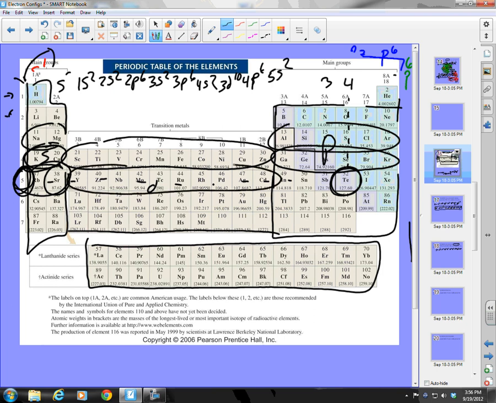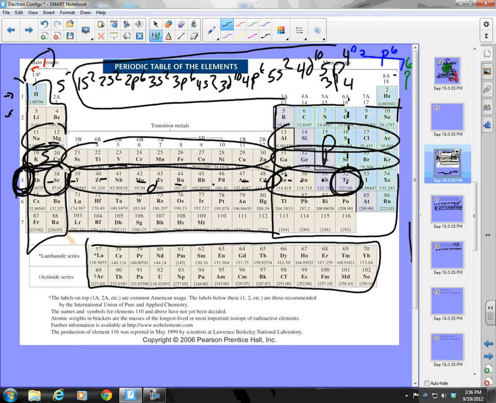And then, where do I go here? Oh, I'm in the D block again. So this is now, it's not 5D, it is 4D10. And then after the 4D10, I end up finally in my P block, fifth period, 5P, 1, 2, 3, 4. 5P4. There we go.